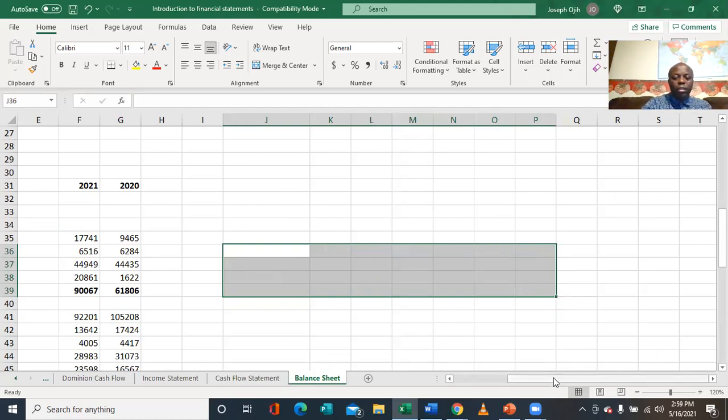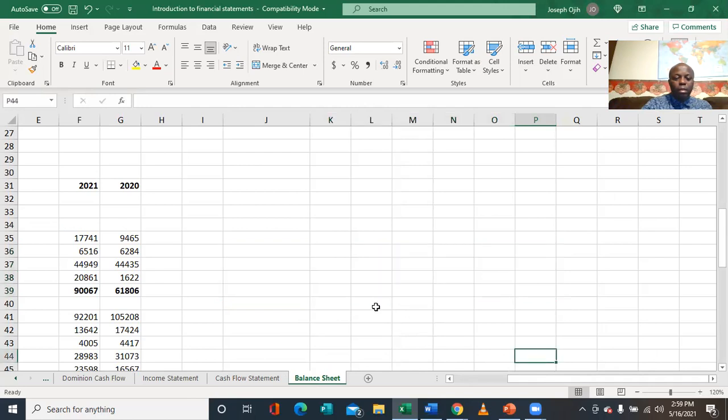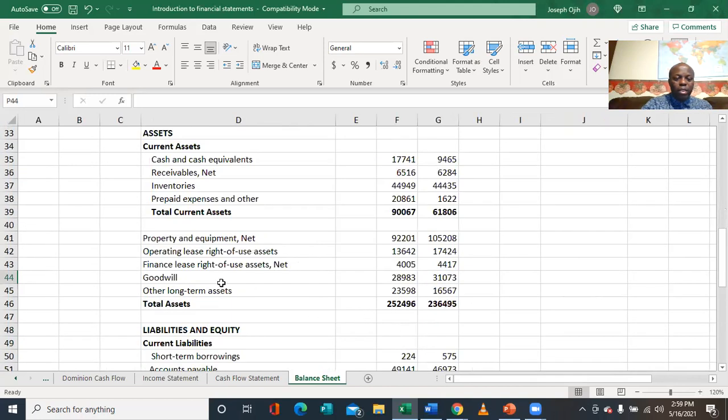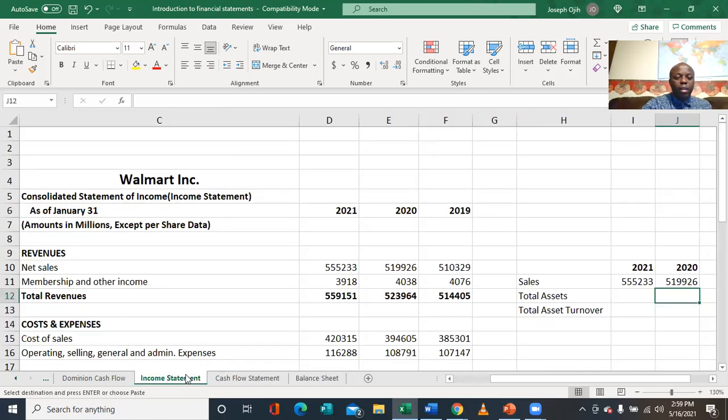We look at Walmart, and you can see that the total assets is right here. Okay, total assets. I can copy it and then go to the income statement and paste it.